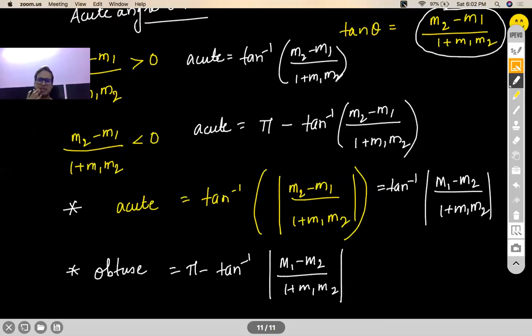Many people say, sir, why don't we just wait for the exact value of m1 minus m2 and all those things? You can do that also, and this formula is also going to give you the same result.